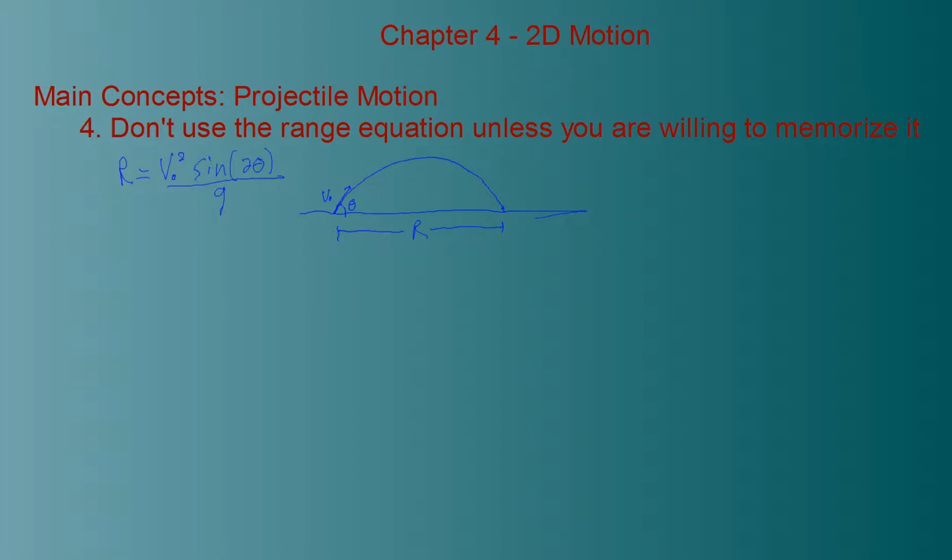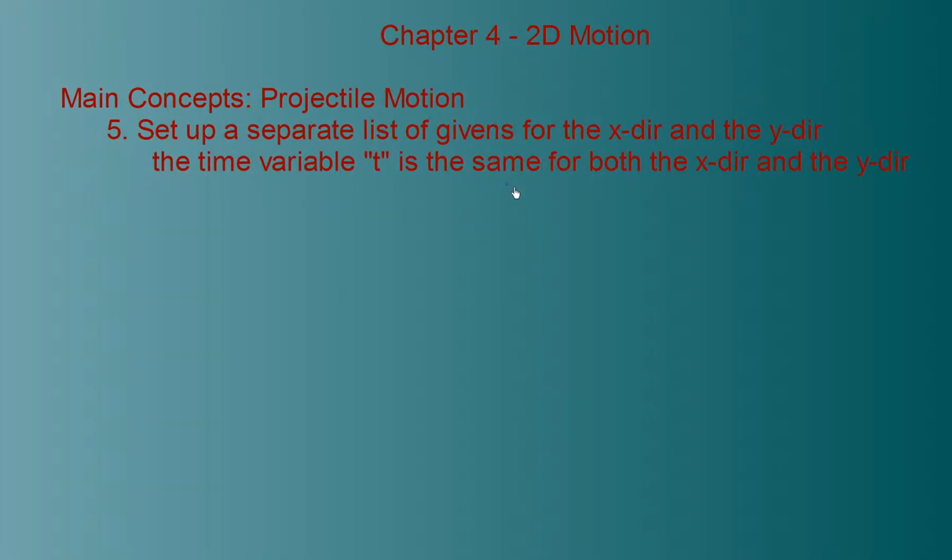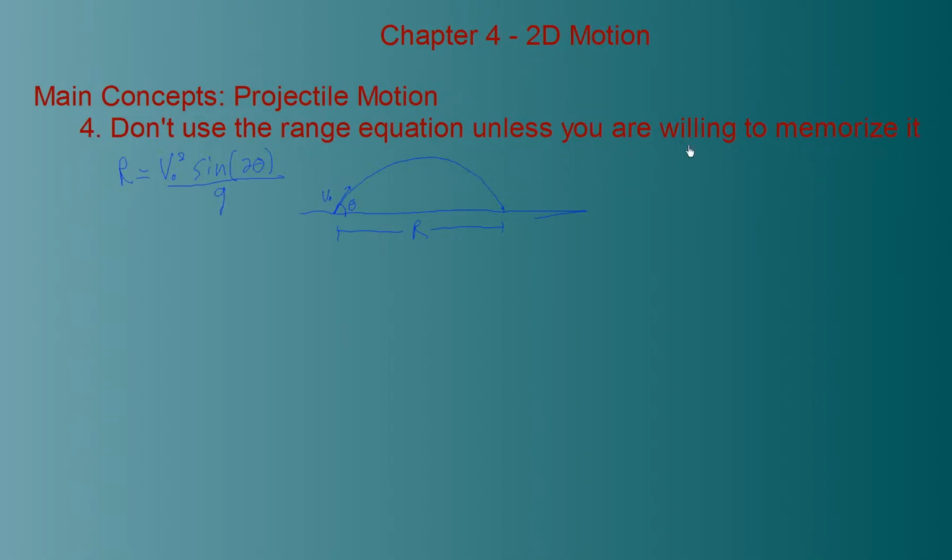And I know concept 5 is to show you how to set up a separate list of givens for the x and y direction. I think I'll mix 5 and 4 together and show you this column step right now.